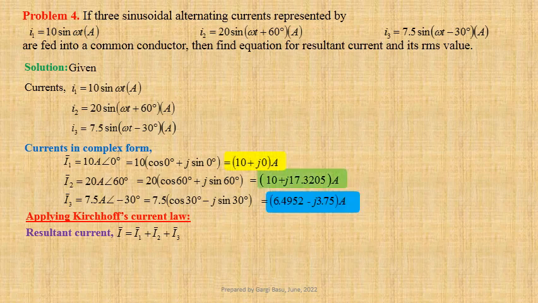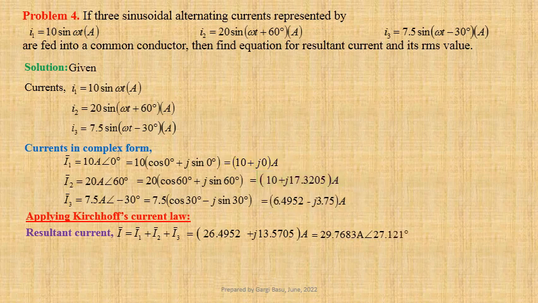Using values, we get 26.4952 plus j13.5705 ampere. This may be written in polar form as 29.7683 ampere at an angle 27.121 degree.